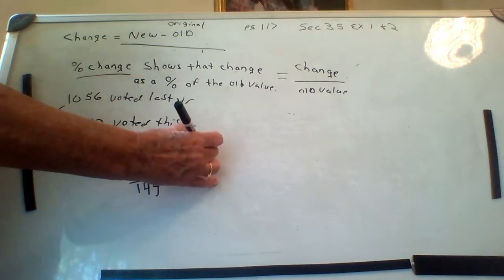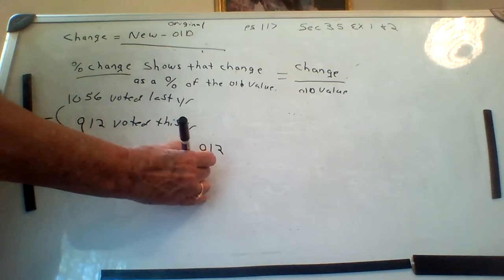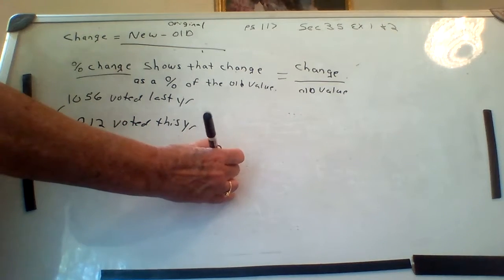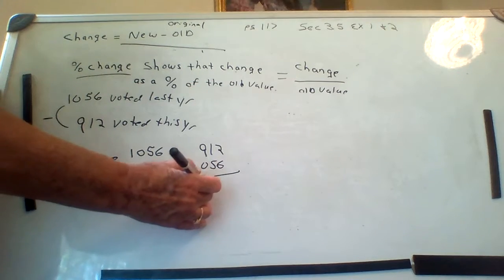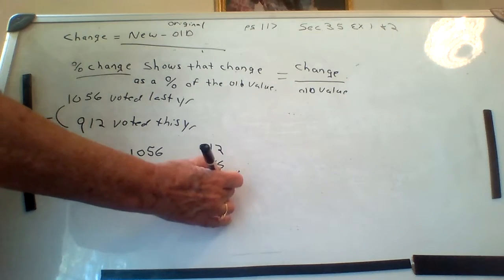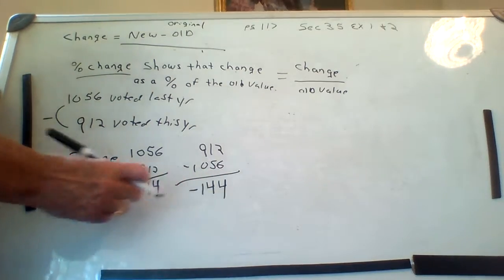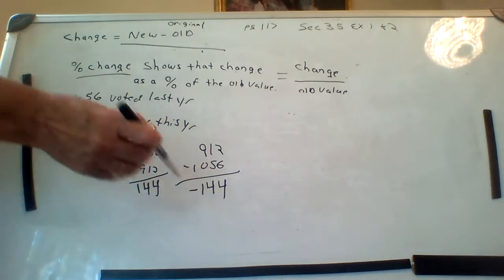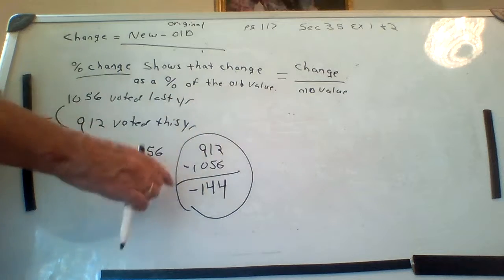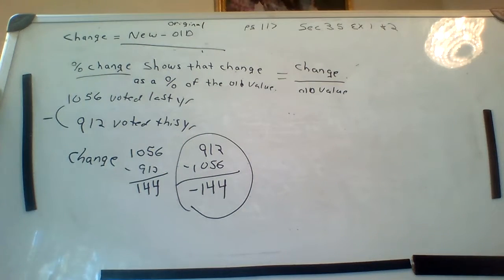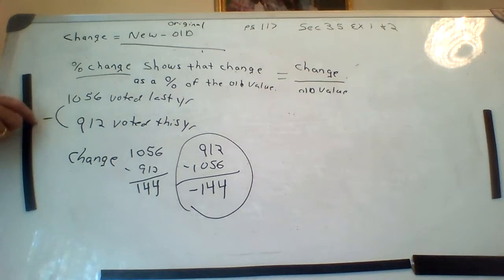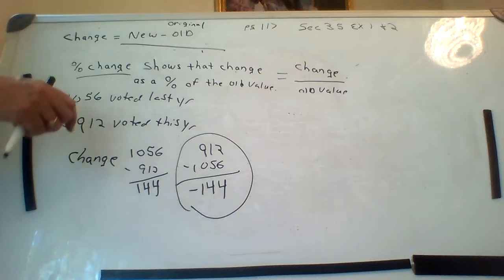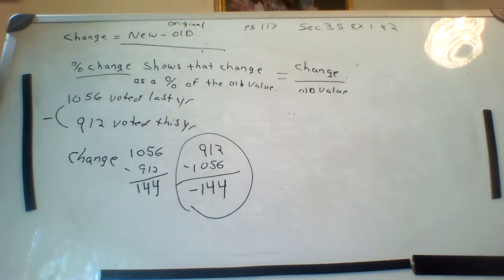The new is 912, subtracting the original, and you're going to end up with a negative number. So the actual way to do it, when you get negative 144, tells you that it decreased. But if you look at it this way, then math is a lot easier. You just have to ask yourself, was it increasing or decreasing?